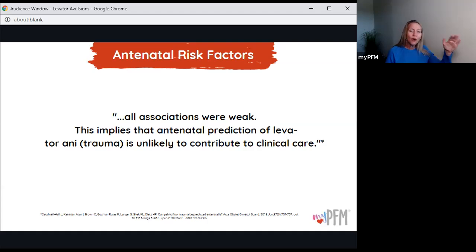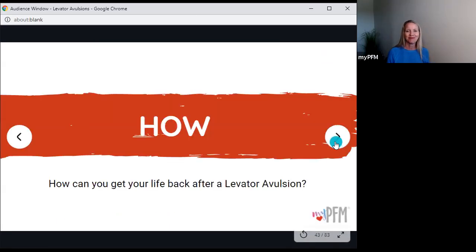If you are one of those people with a higher maternal age or a low BMI, I think it's important to understand that you may be at future risk for a levator avulsion if you have a vaginal delivery. By no means am I making blanket statements, but I think it's important to increase awareness. All right, and as with everything else, more research is needed.